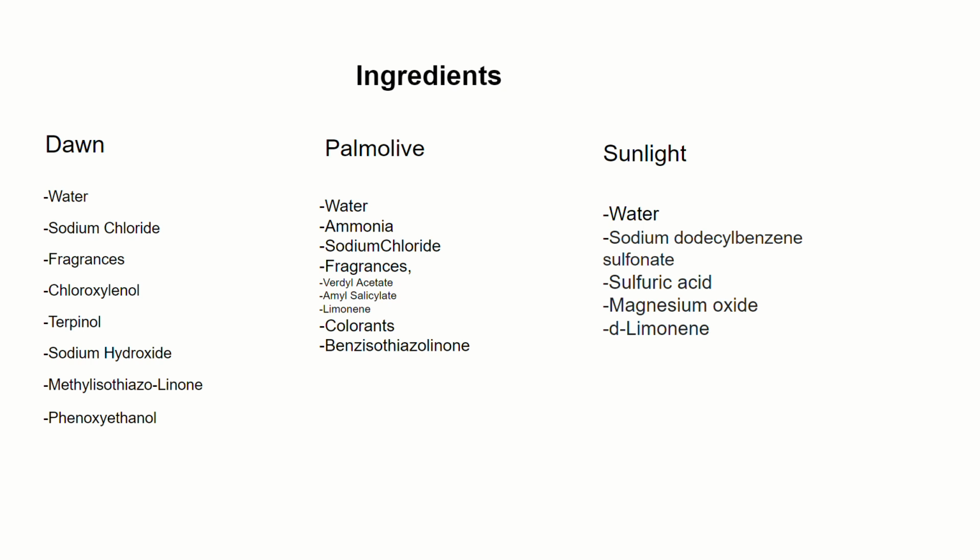It has side effects, downsides, but it mainly acts as a cleaning agent, and it helps cut through grease. The D-limonene is another fragrance. It adds smell to the product and makes it smell really good.